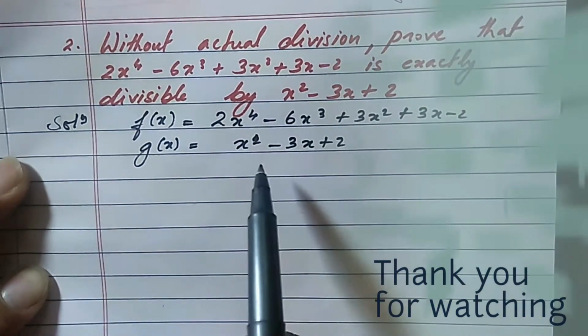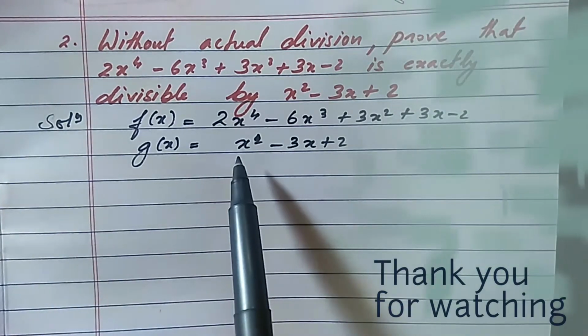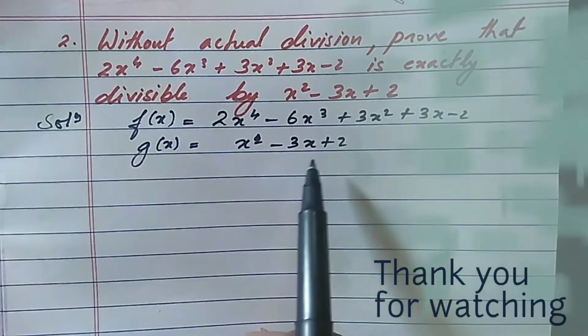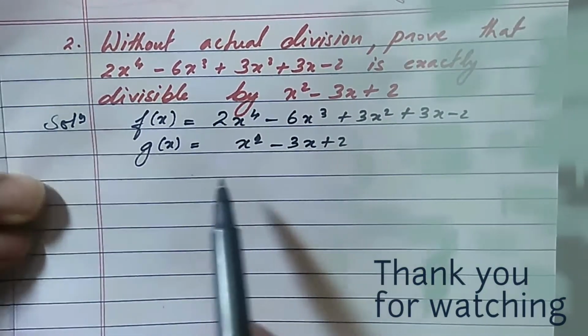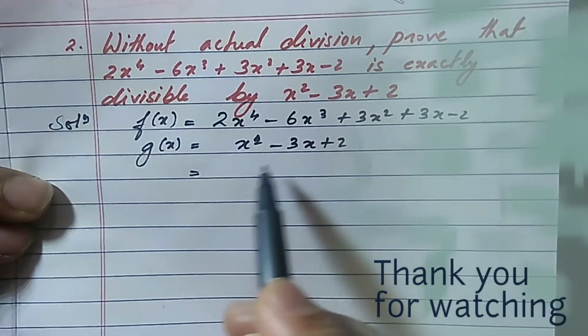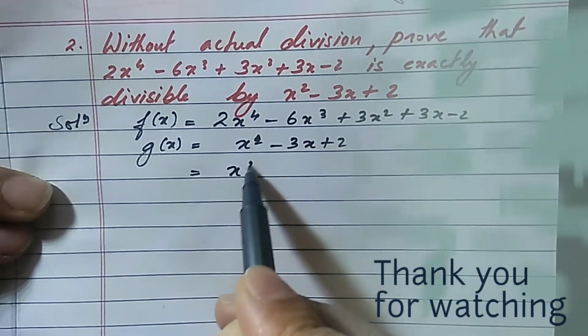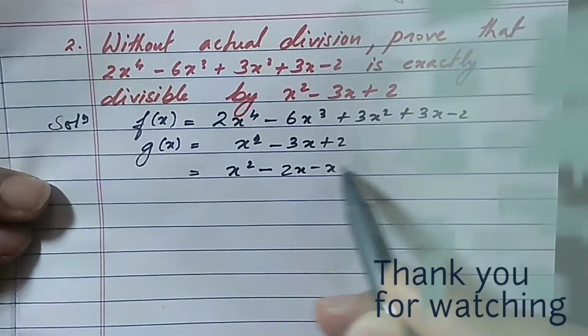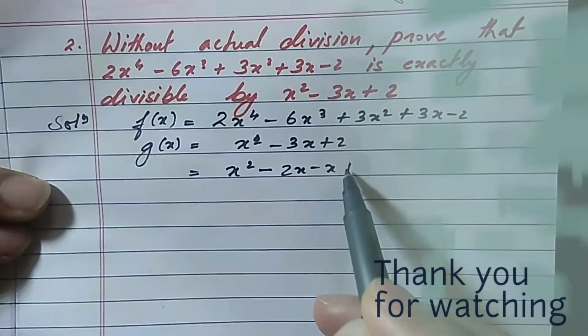Now we haven't learned how to find the remainder when the polynomial is given in this form. So what we do is we first factorize g(x) by breaking the middle term. We can write this as x squared minus 2x minus x plus 2.